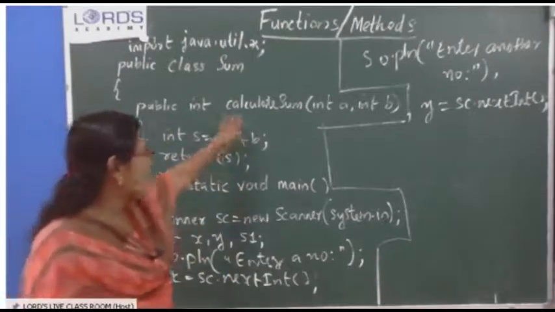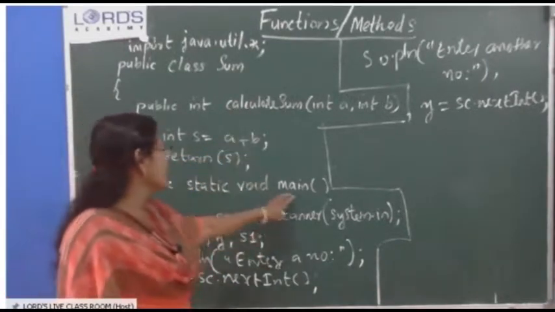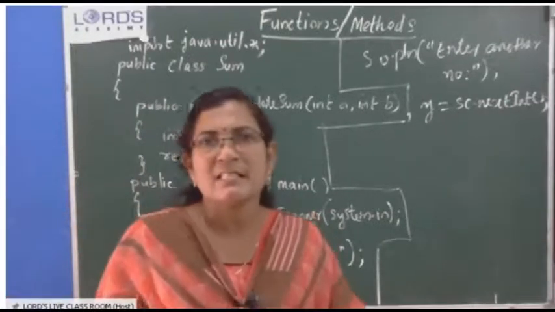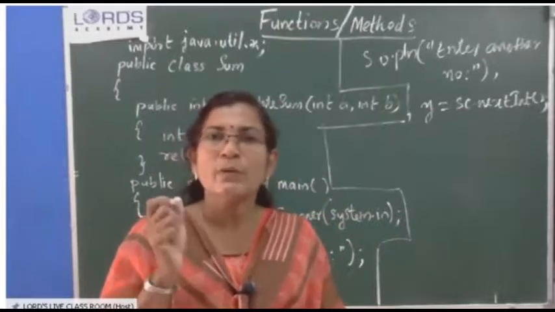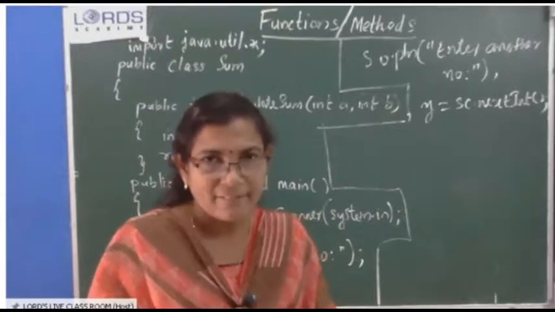So calculateSum is a non-static method. Main is a static method. What is the speciality of static methods? If there is a static method in a class, you will be able to invoke that method without creating an object manually.